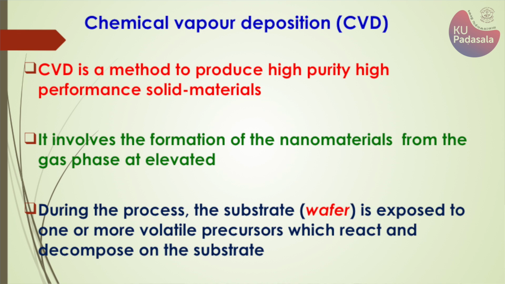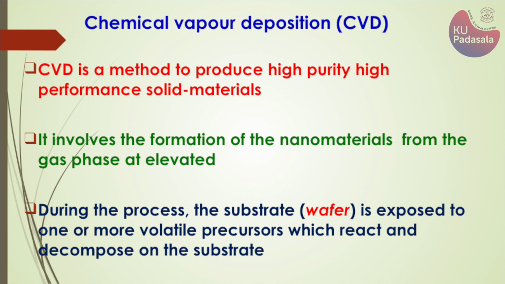Now, the second bottom-up method, that is chemical vapor deposition, simply CVD. CVD is a method to produce high purity, high performance solid materials or nanomaterials. This involves the formation of the nanomaterials from the gas phase at elevated temperature.